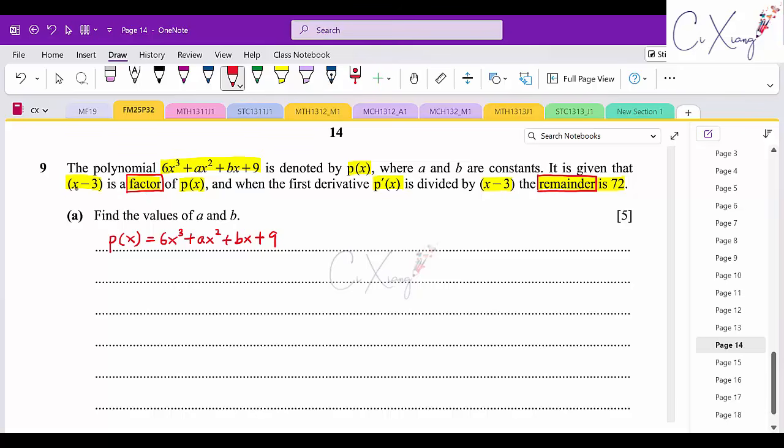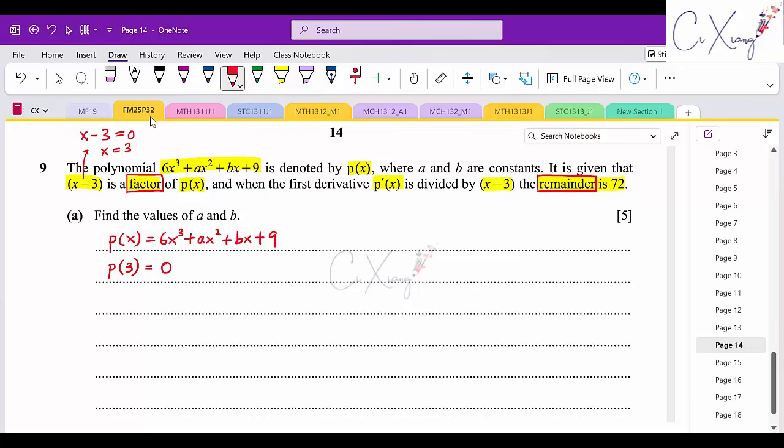To apply the factor theorem, assume that x minus 3 equals 0. It is a factor, so x equals 3. That means if you substitute 3 into your polynomial, you should get no remainder, so P(3) equals 0. This is what we call the factor theorem, because it tells us x minus 3 is a factor.